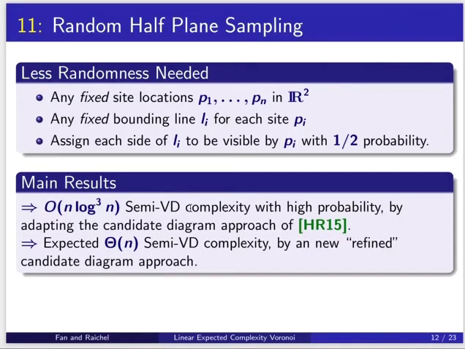The main result here is that we get n log cubed n complexity with high probability. By using a candidate diagram approach from our previous paper, we also refine that approach to get the optimal expected linear complexity.